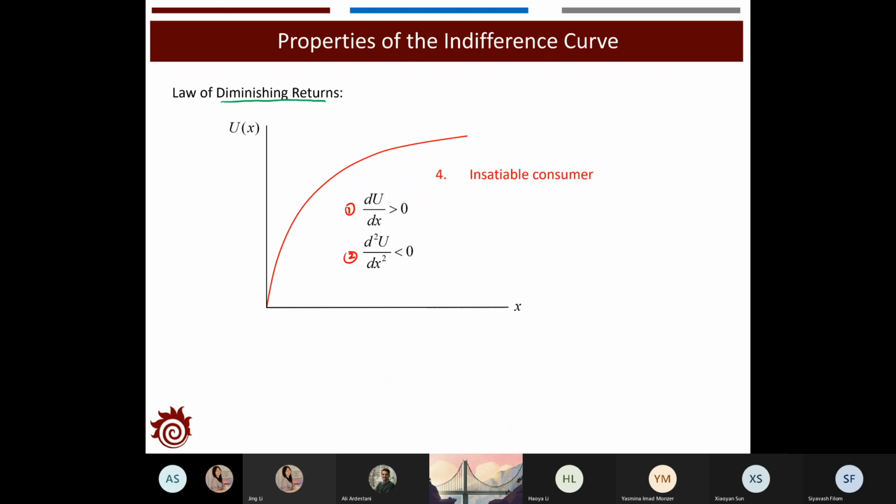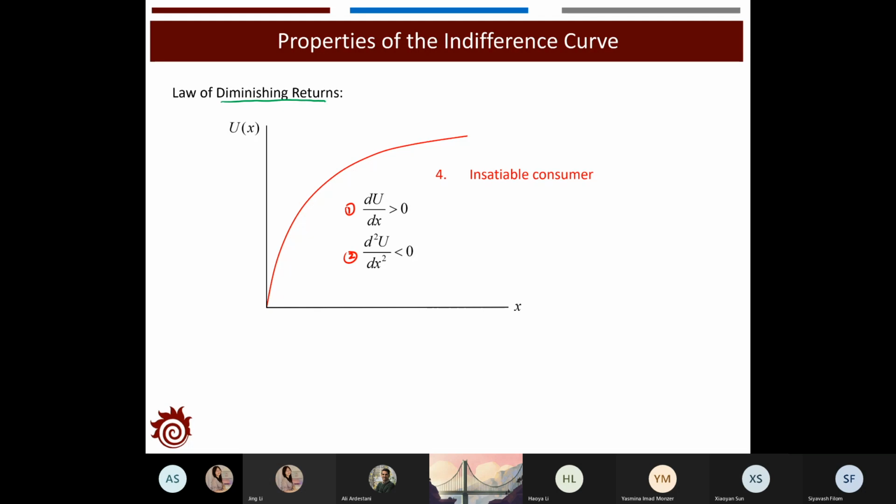But it also has a second condition. The second order derivative of the utility function is less than 0, meaning that if we already have more products, then the utility that we can further gain by getting an additional product will be smaller. For example, if you only have one product on your hand and you get another one, so from 1 to 2, the utility gain will be very large. Say the amount is 10.